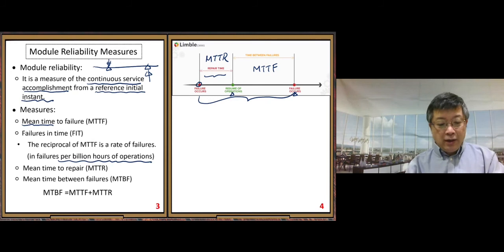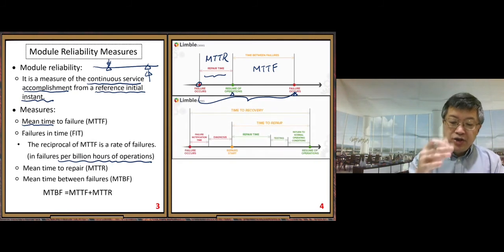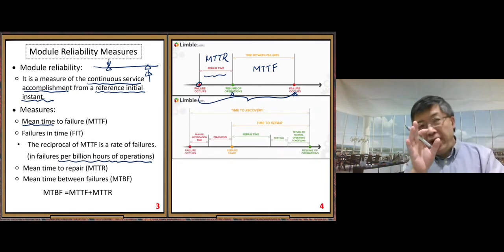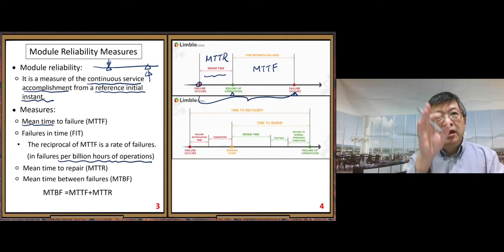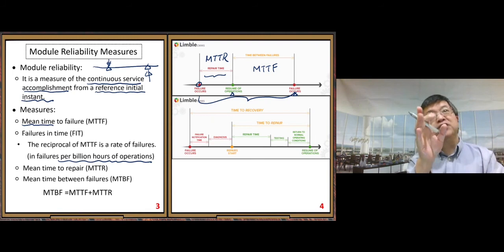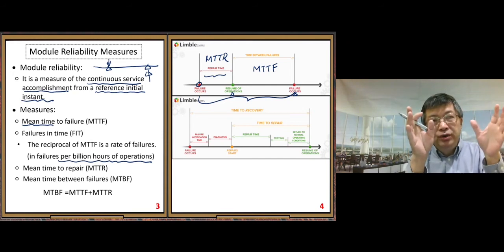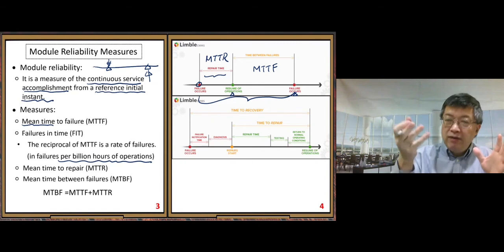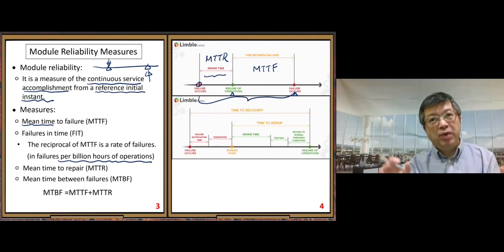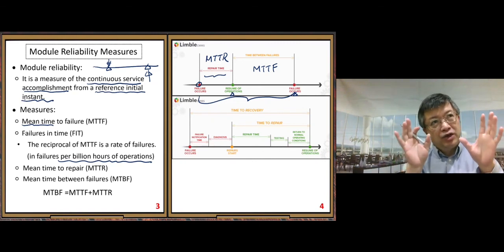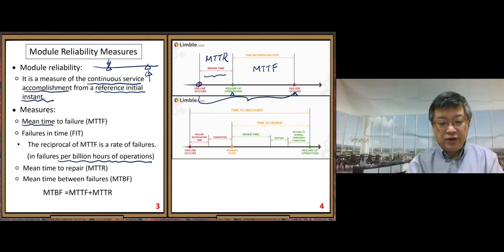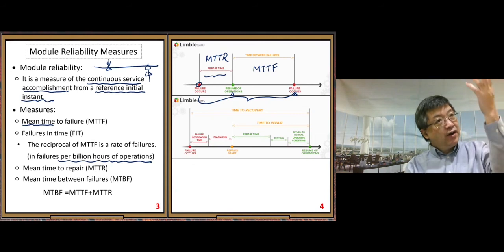The next one, I like to use this picture to explain a little more about the breakdown of the time to recover the service. When you have a failure, what should the service provider do to recover the service? From this picture, you can see a lot of things should be done. First, failure occurs.